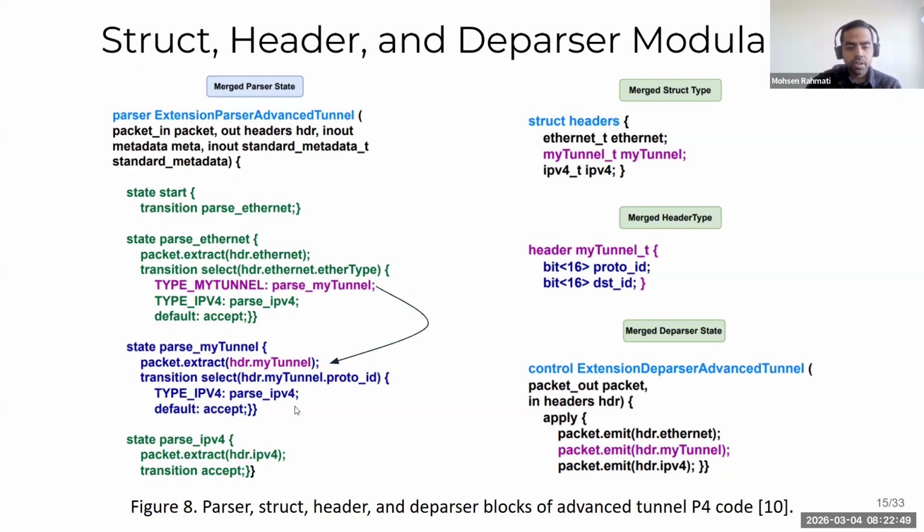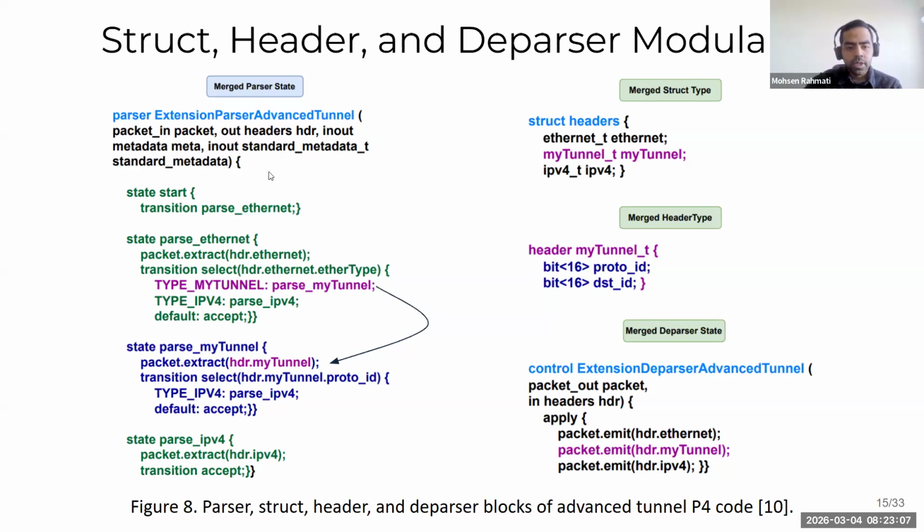So the compiler can understand which header this merged state uses and extracts, for example, hdr.mytunnel.